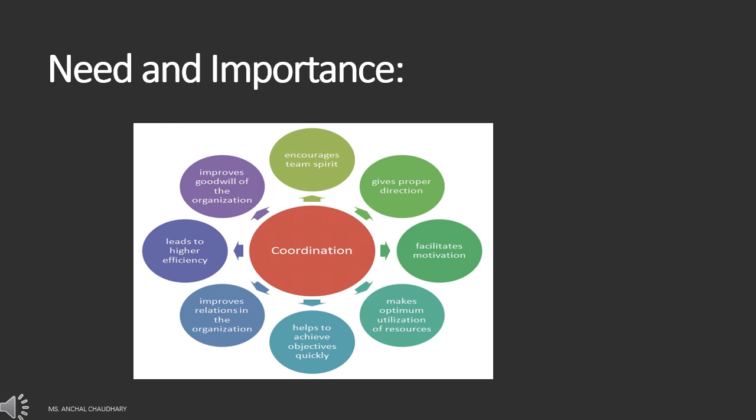Next is coordination leads to higher efficiency. When there is optimum utilization of resources without any wastage, that will result in more returns and low cost, and that will lead to higher efficiency.